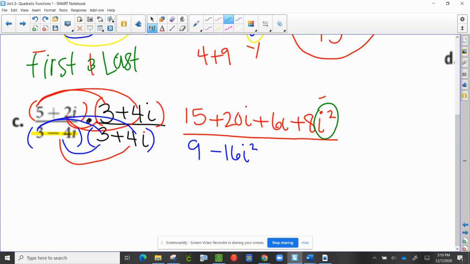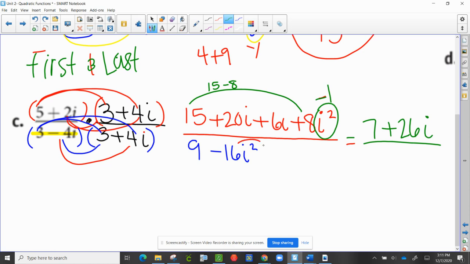Okay, my i squareds turn to negative 1s, so this becomes 15 minus 8. 15 minus 8 is 7. 20i plus 6i is going to give me 26i on top. So there's our numerator cleaned up.